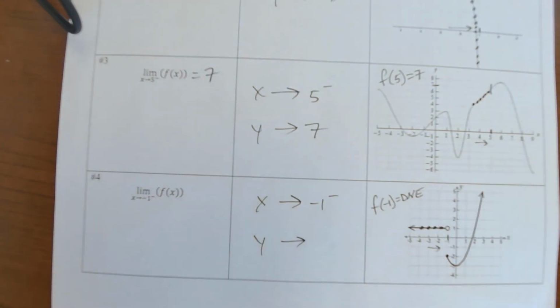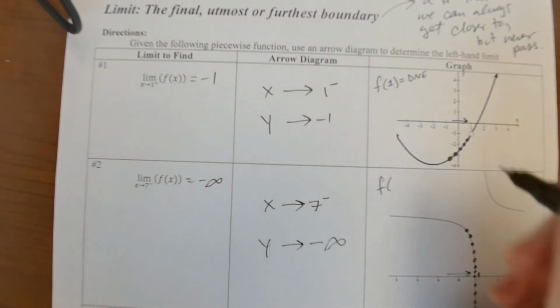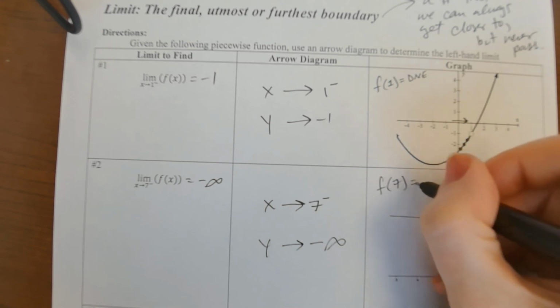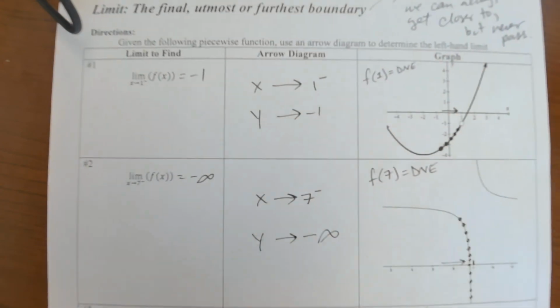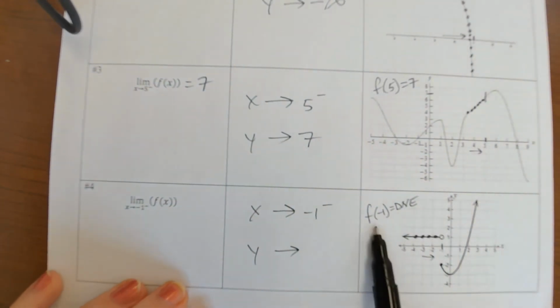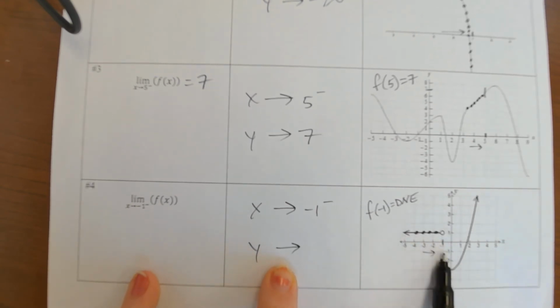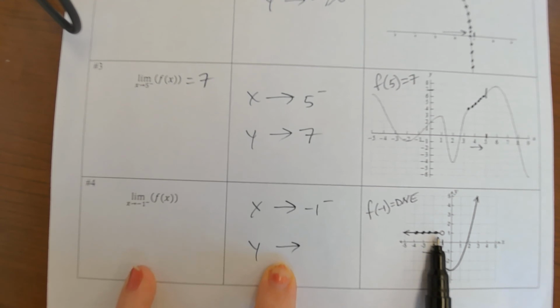It doesn't exist, or it's undefined, is another way of saying that. And let me say it here too: f of 7, actually, does not exist. So I'm getting closer and closer to -1 from the left. And what are the y values getting closer and closer to?